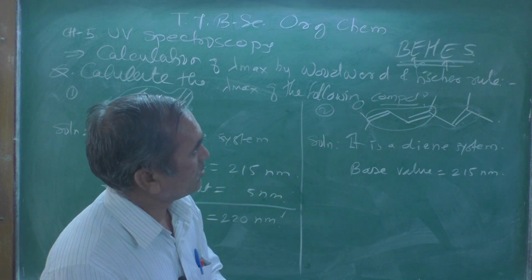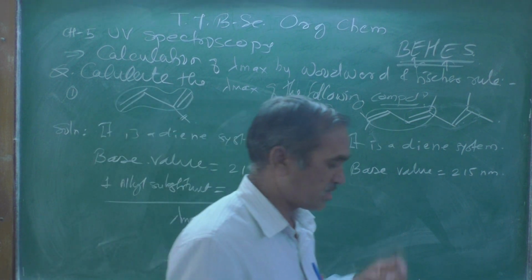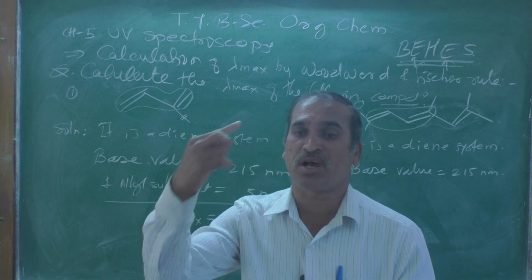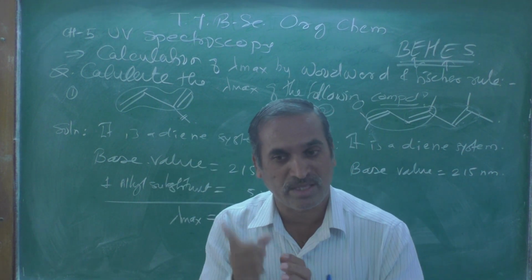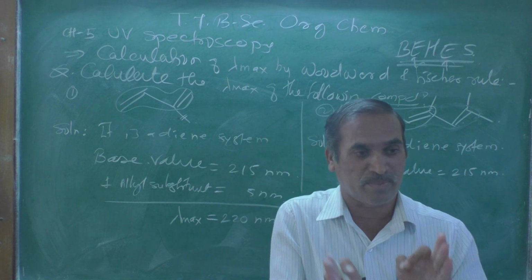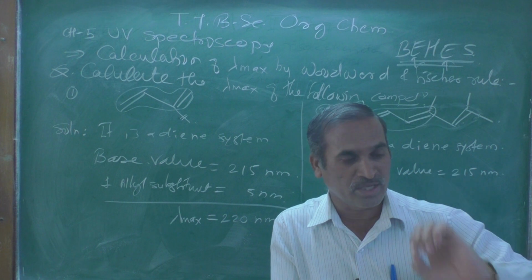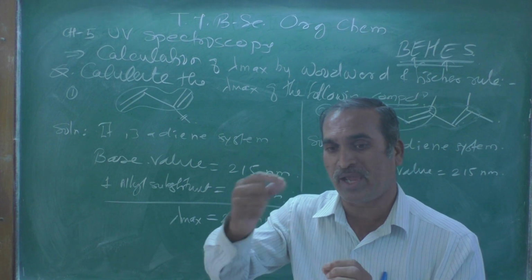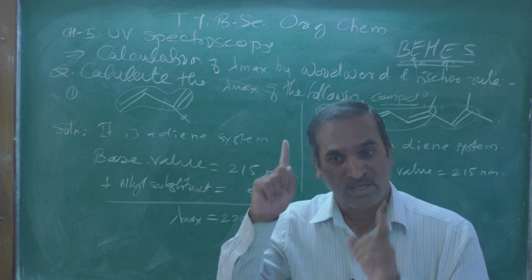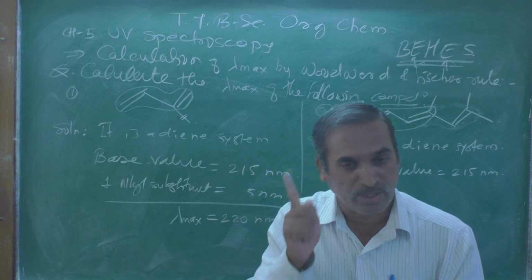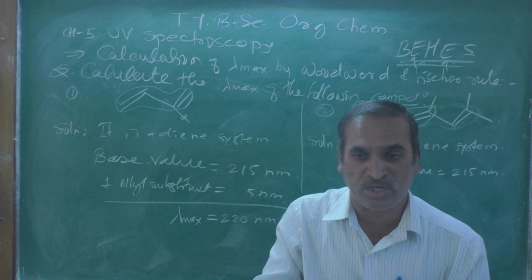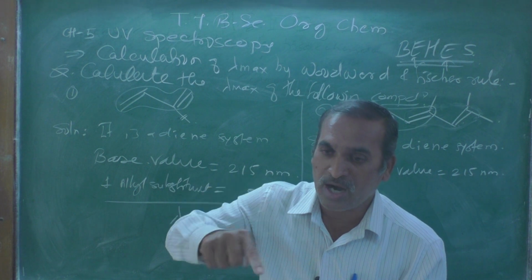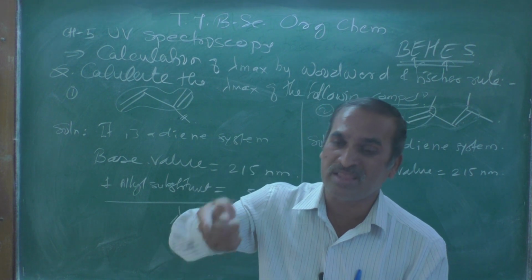Now look at the fourth letter, again an E. This second E stands for extended conjugation. What do we mean by extended conjugation? During the explanation of calculation of lambda max by the Woodward-Fieser rule, I explained each and every term clearly. Do you remember that extended conjugation means that, in addition to the diene system, an extra double bond is present in the conjugation?